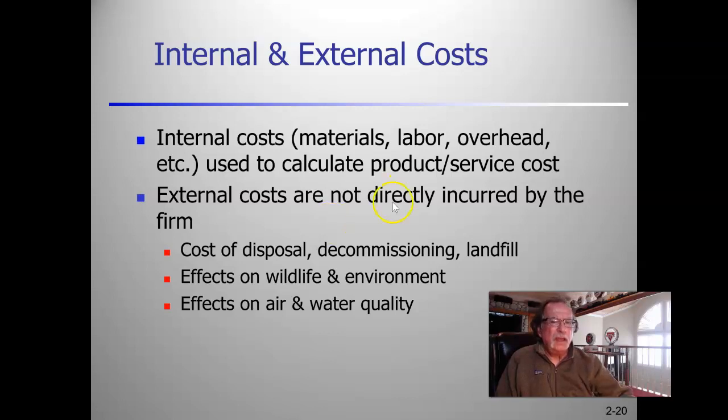Historically, if you wanted to get rid of something, you took it to the dump, took it to the landfill, and basically you paid a fee to get rid of it. That sort of put the cost on society, if you will, especially if it impacts air and water quality and impacts the environment.